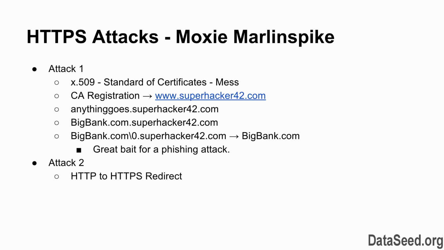Because you don't typically check that you're on an HTTPS page, the attacker can push you that HTTP page without the HTTPS, a page that looks the same as, say, bigbank.com. The only difference is that you won't see a green lock icon or whatever your browser does to indicate that you're on a secure web page.